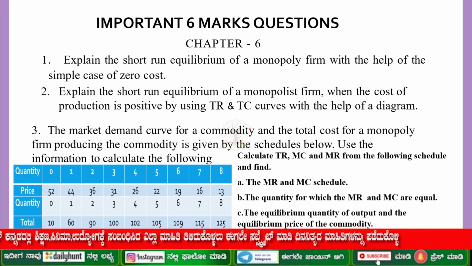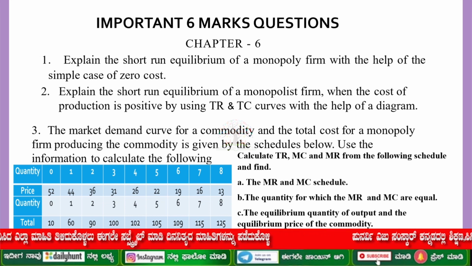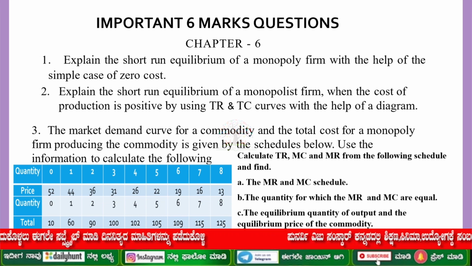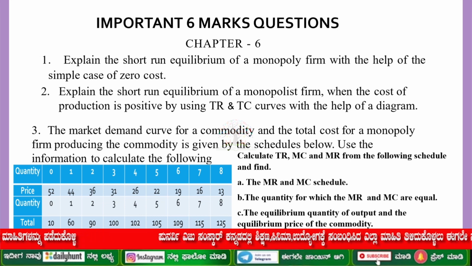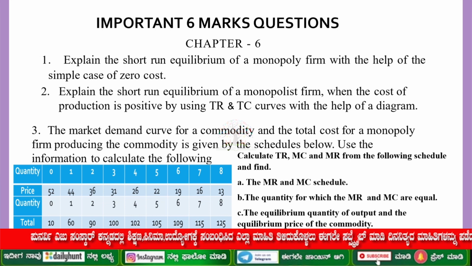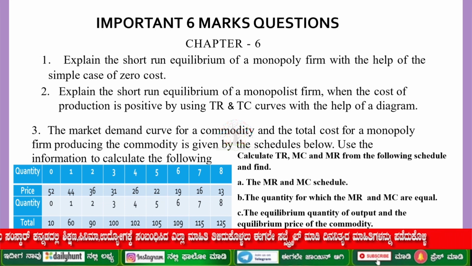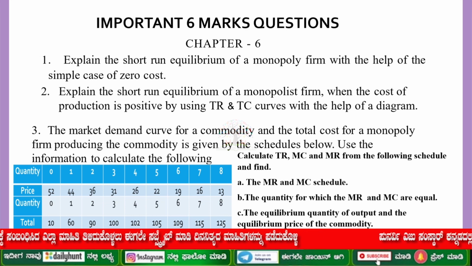And the next one is a problem oriented question, that is calculation of marginal revenue and marginal cost. You need to calculate marginal revenue and marginal cost and answer the following questions. So this is one more important question.